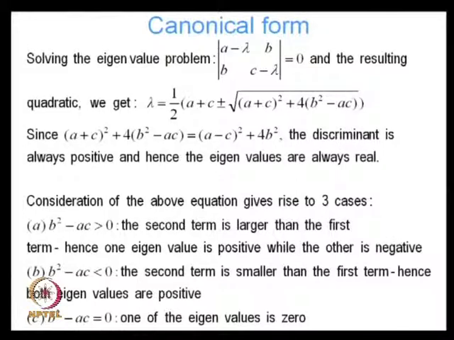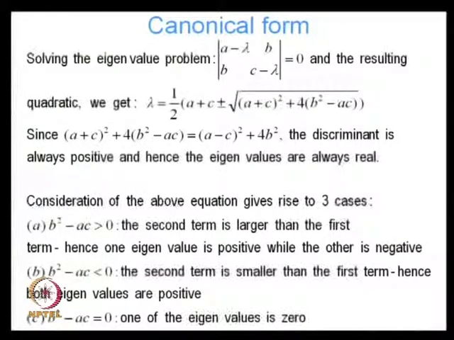So at least one of the terms is going to be negative, while the other, for the positive sign, is going to be positive. Hence one of the eigenvalues is positive while the other is negative.